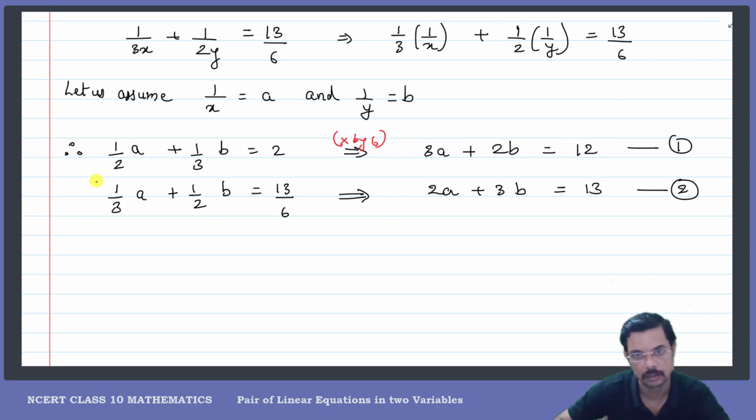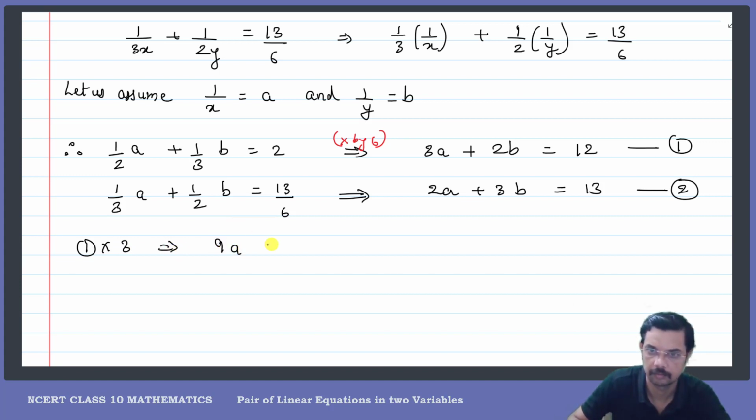Multiply the first equation by 3 and the second equation by 2, or you can do it the other way around, so that you can equate b. First equation multiplied by 3: what do we get? 9a plus 3 2s are 6b will be equal to 12 3s are 39.